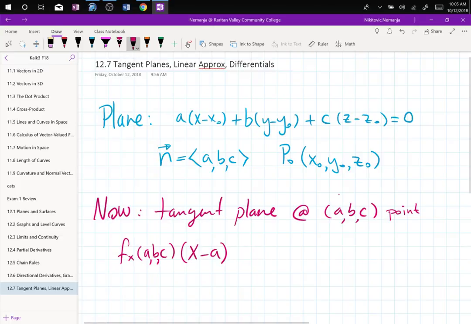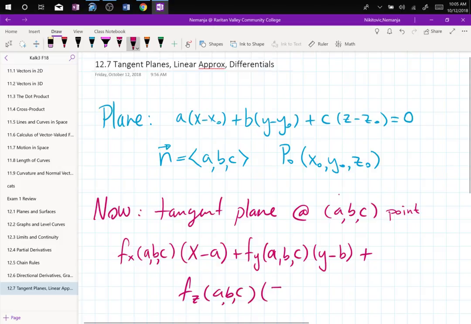So x0 is replaced by lowercase a, which is now the x coordinate of the point, plus the partial derivative with respect to y, computed at (a, b, c), times y minus b, plus the partial derivative with respect to z computed at (a, b, c), times z minus c, equal to 0.